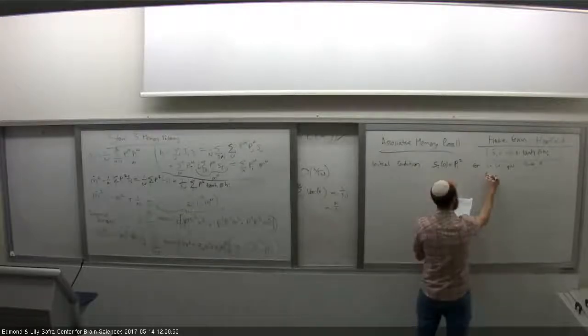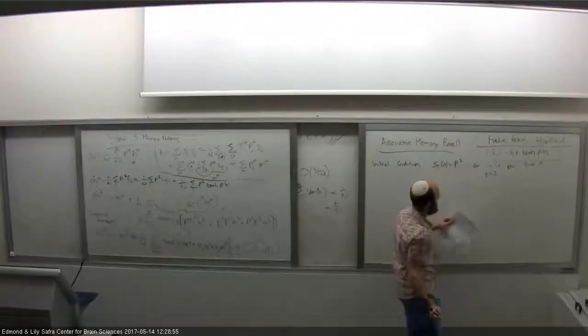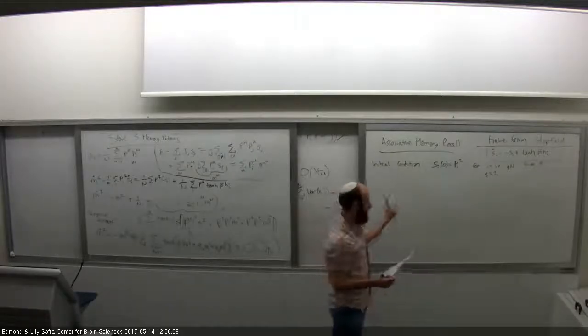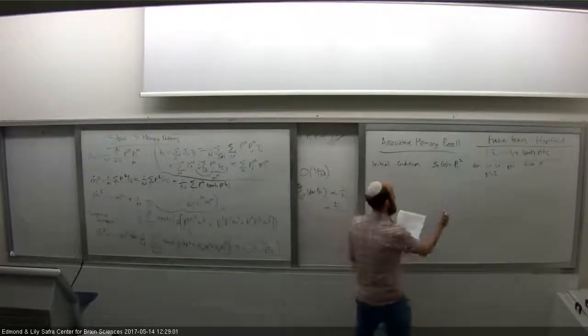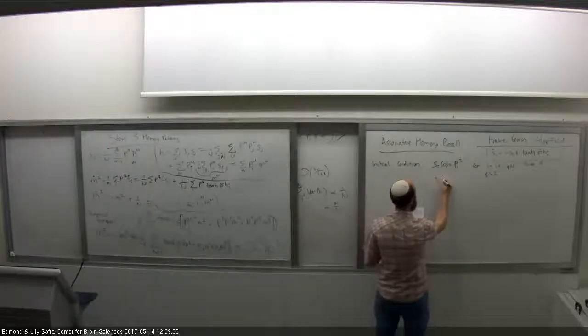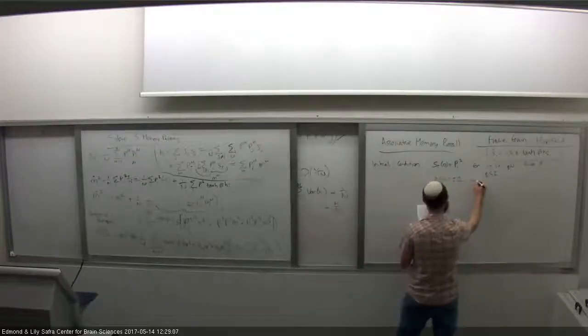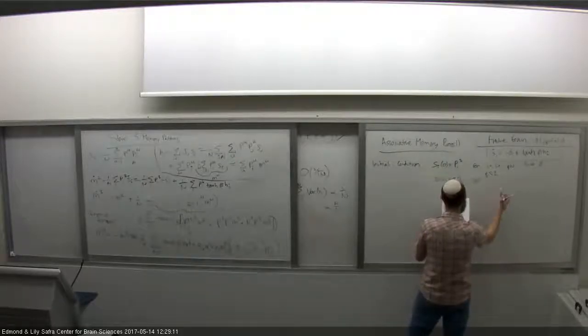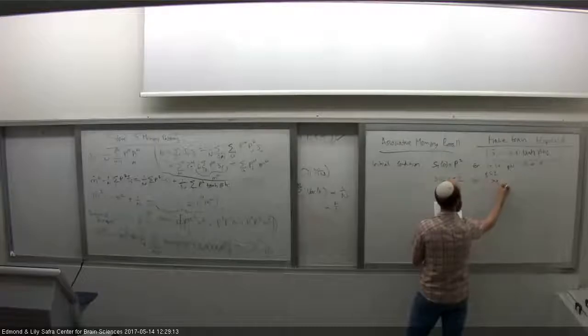So for q less than 1, let's set the activity pattern aligned with memory pattern 1. And then for all the rest, let's just assign it randomly. So Si is plus or minus 1 at chance for i larger than qn.